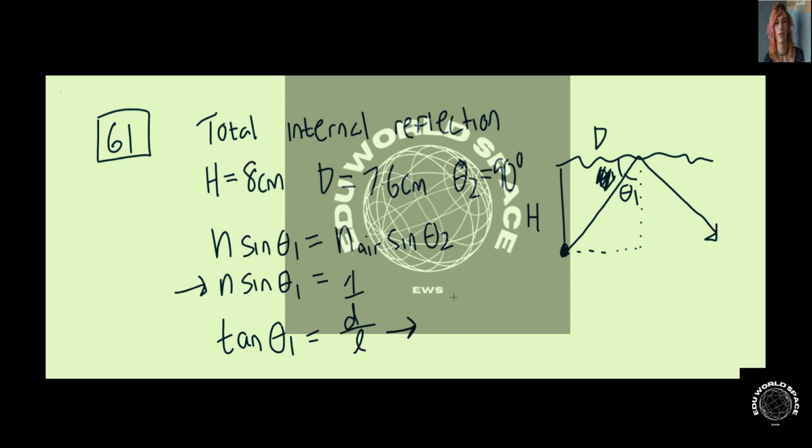Thus, theta 1 is simply arctan of 7.6 centimeters over 8 centimeters, which will give us 43.53 degrees.